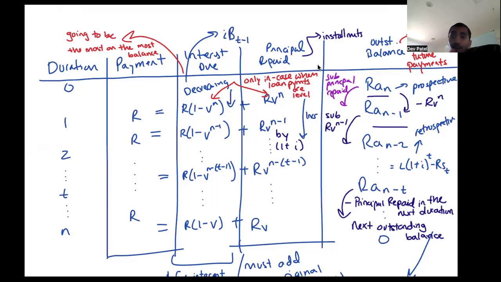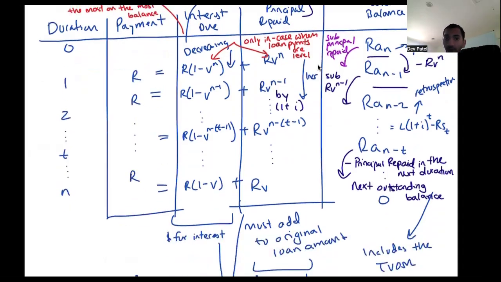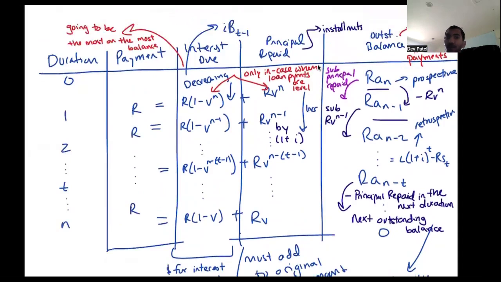So if we're paying R at time 1, we're paying R times (1 minus v^n) for the interest that's due, and we're paying the remainder, R v^n, for the original loan amount. If we add up all of those principal repayments, we should get to the original loan amount. And if we add up all of the interest, that should get us the total amount that we paid just for interest.